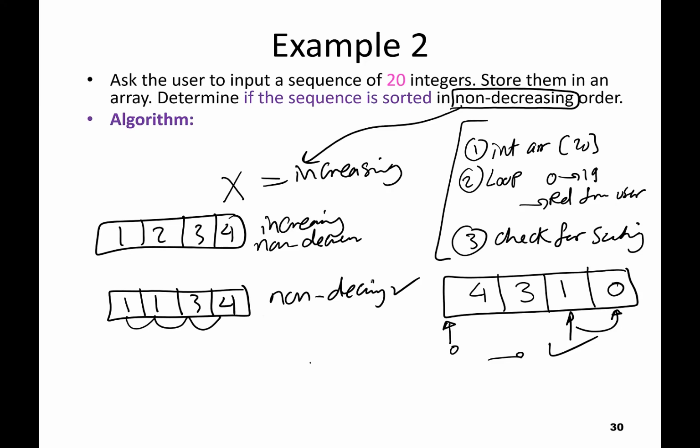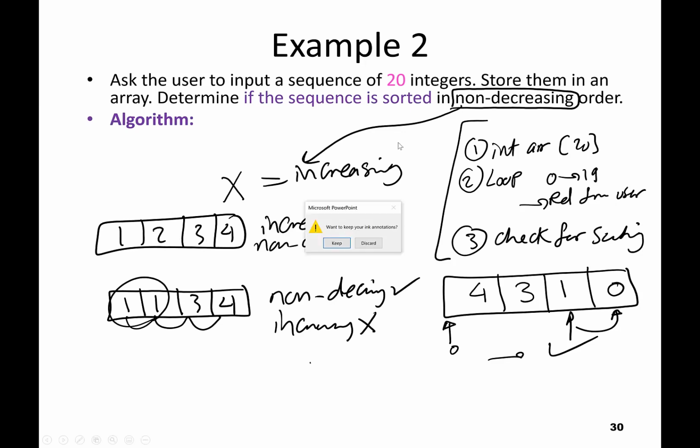But is it increasing order? No, because you don't always increase. If you have equality, effectively increasing is more restrictive than non-decreasing, because non-decreasing includes the equalities as well. So let's do this in a non-decreasing order, as the question is saying.